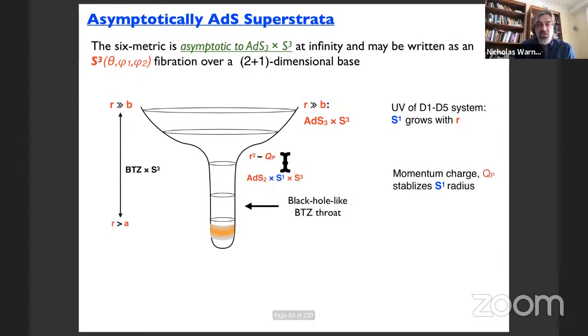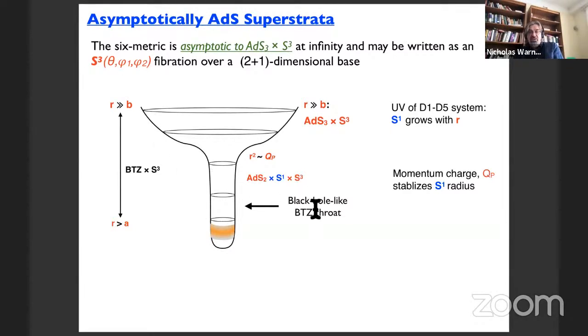But when R squared approaches Q_P, or R squared approaches roughly n times B squared, then the S1 size stabilizes, and it stays at a fixed radius governed by Q_P, and it enters this AdS2 times S1 throat. And this geometry is very closely BTZ. This is in fact what BTZ does, and this closely conforms to the structure of BTZ.